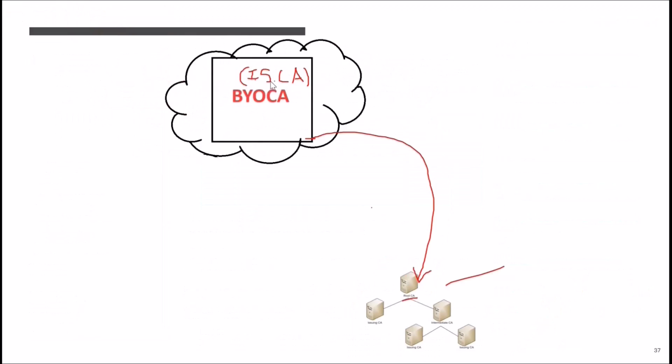So in this case, as I said, the issuing CA is anchored to the root CA. How do we anchor it? That is what we are going to do over here. So the way to anchor it is we download a request from here and then we take that request to the CA over here.